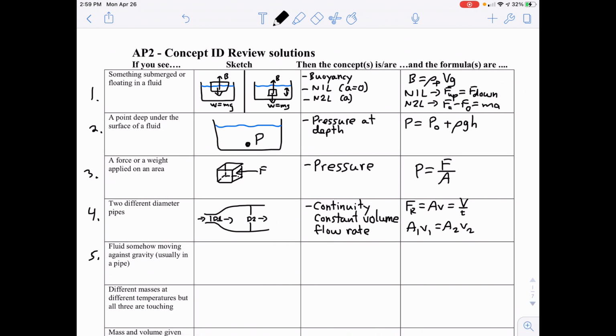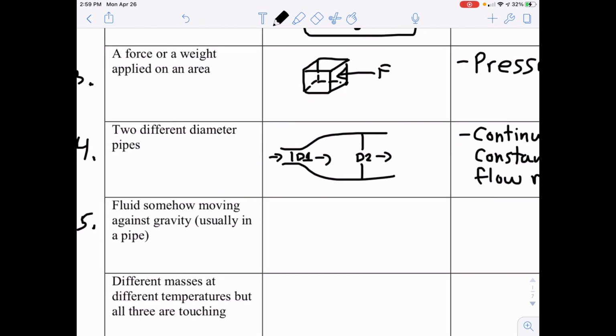Well, in number 5, what happens if all of a sudden we look at the fluid working up against gravity? So let's say we have a pipe and we're going uphill like this, and maybe it changes diameter, maybe it doesn't. That part's using this concept in conjunction with continuity.